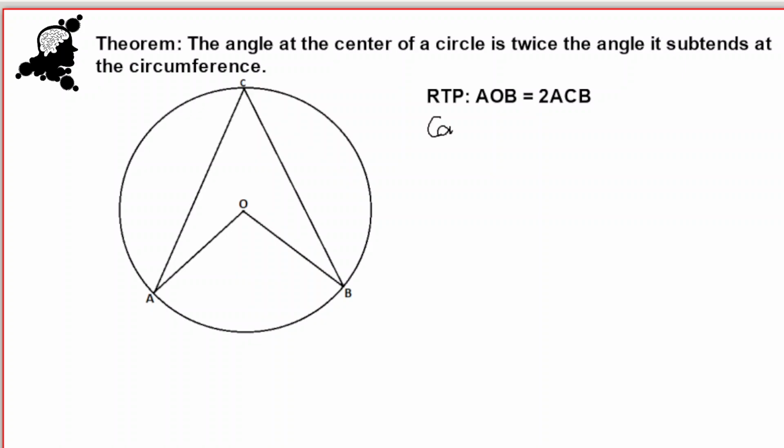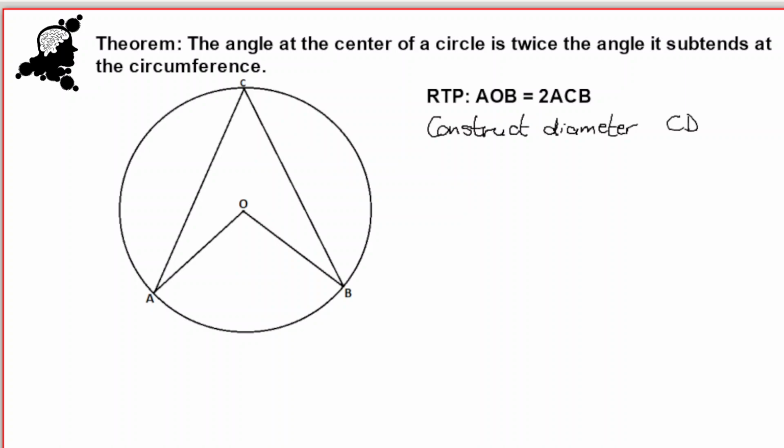The first thing that you would need to do is construct a diameter. If you remember from the first video that we uploaded in the series, a diameter is a special type of chord that passes through the center. So the diameter that we're going to construct is CD. Because we are doing a construction, you would remember I said in the previous video that we need to have a dotted line.